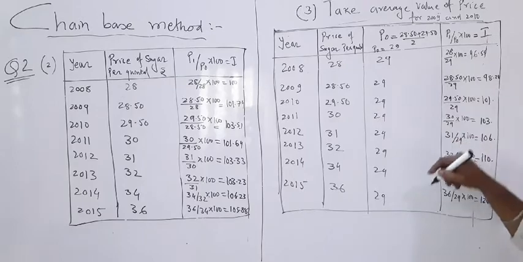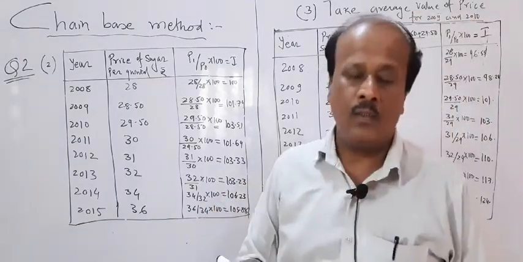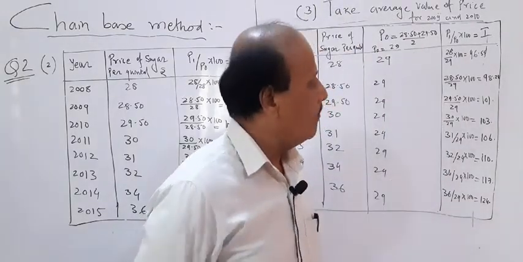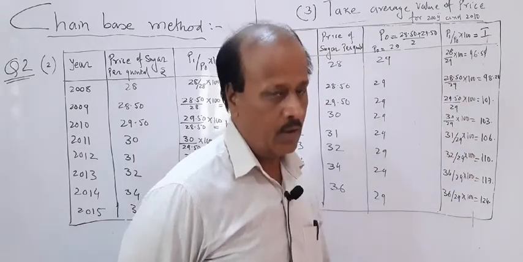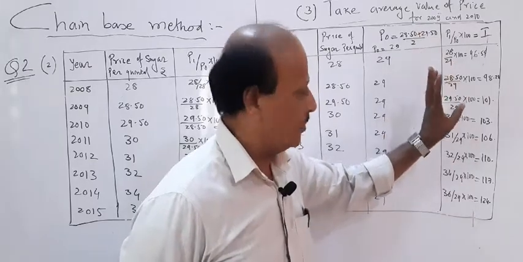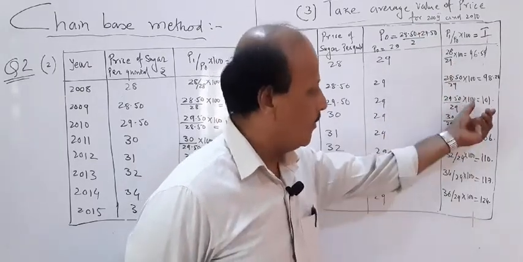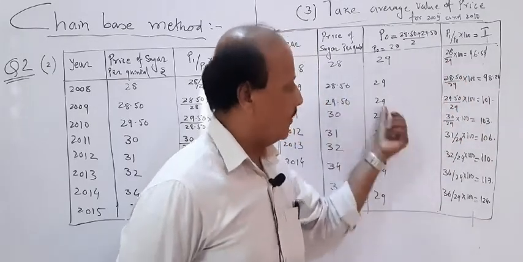So now in the third method, in question number 2, or I did it as question number 3, but it's the third part of question number 2. In this, 29 will be constant in the denominator, just like the fixed base method, but this 29 is the average value, multiplied by 100 as it is in the formula. The numerator is going to change as per those values.